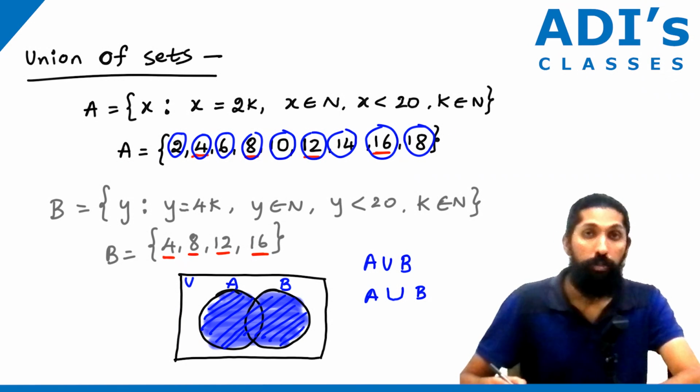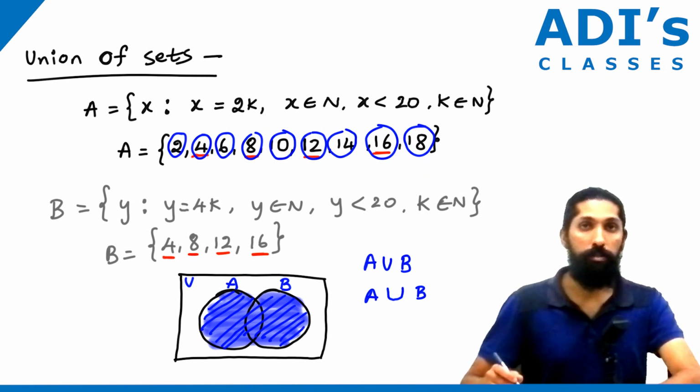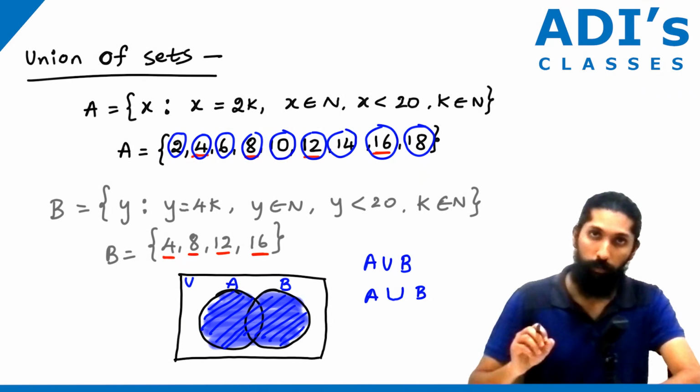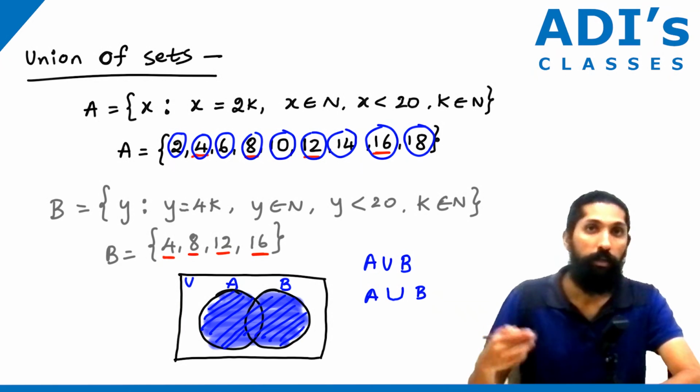Fair enough? So this is an example for union. Now that we are looking at union of sets, in the next video we'll look into the properties of union. There are quite a good number of important properties which we have to discuss in the next video.